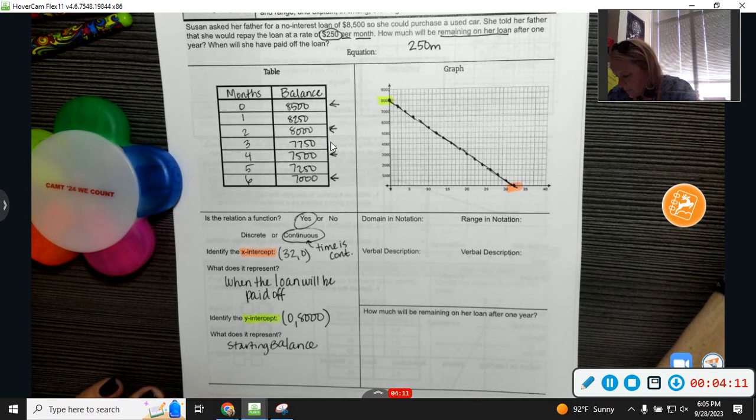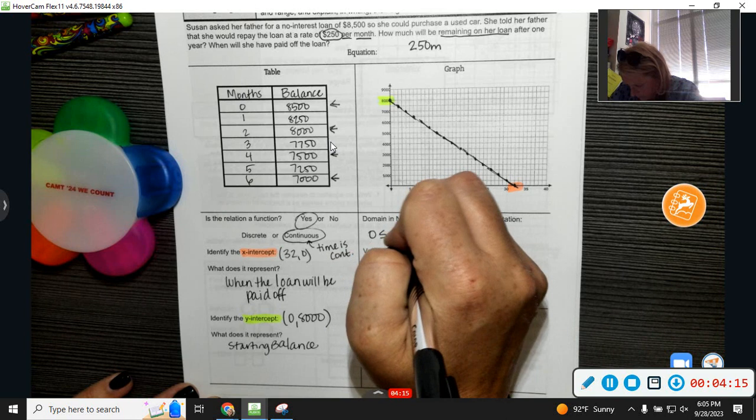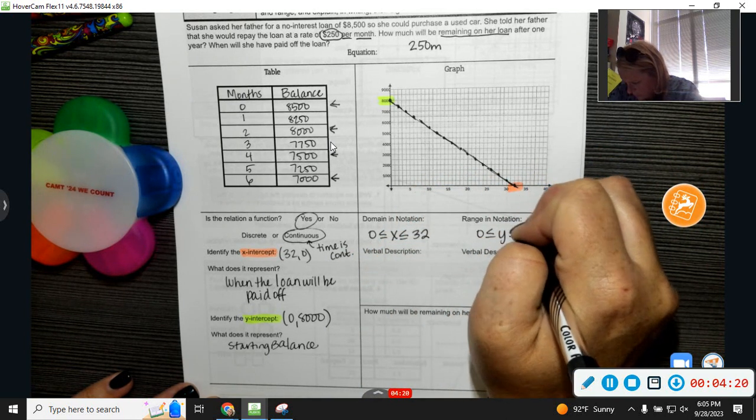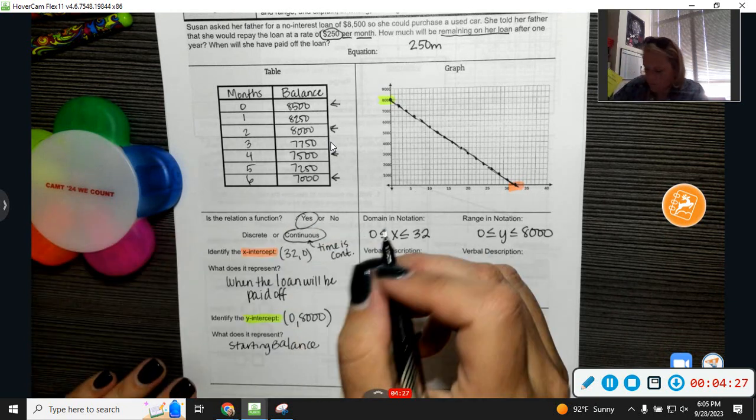Okay, the domain goes from 0 all the way to 32. And the range goes from 0 all the way to 8,500. And the verbal description.